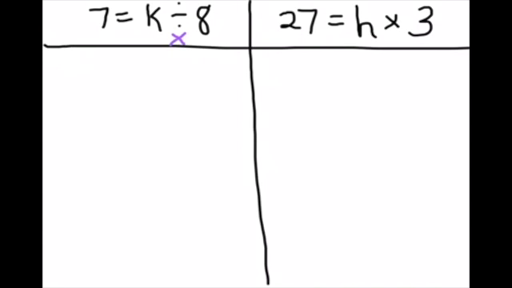Maybe that will help you in figuring out what K would equal. That's my only little hint. And then the next one would be 27 equals H times 3. So please find out what K equals and what H equals. Pause the video and find those variables out, and then resume when you're ready.